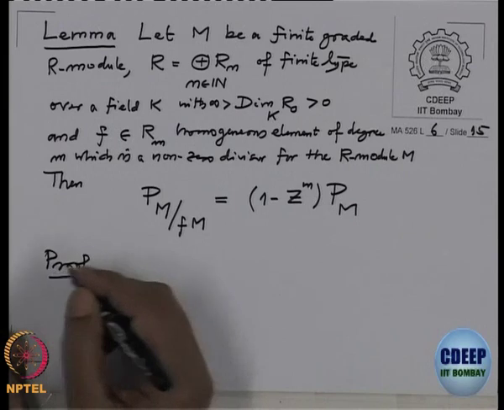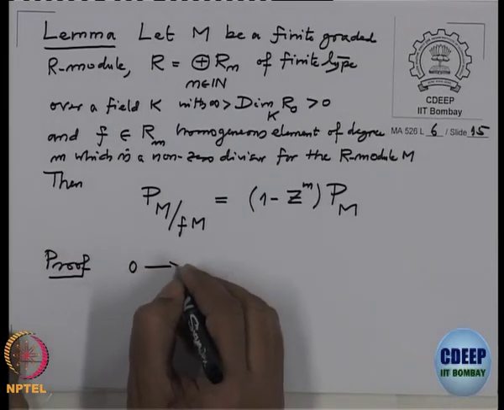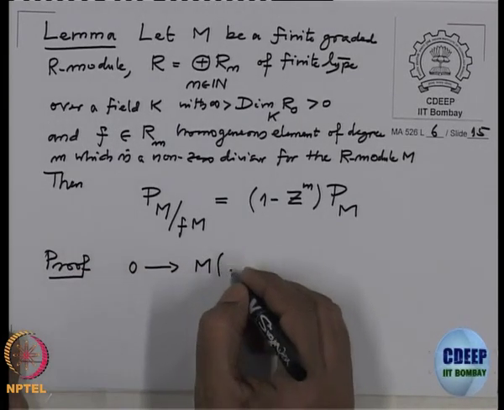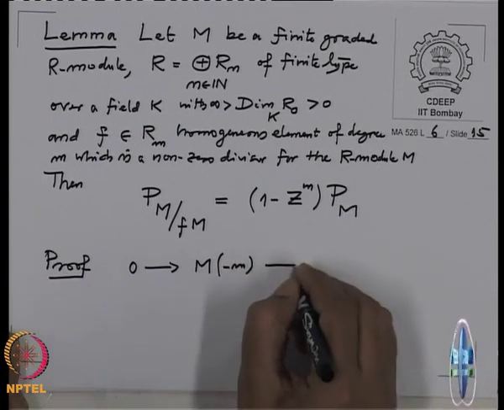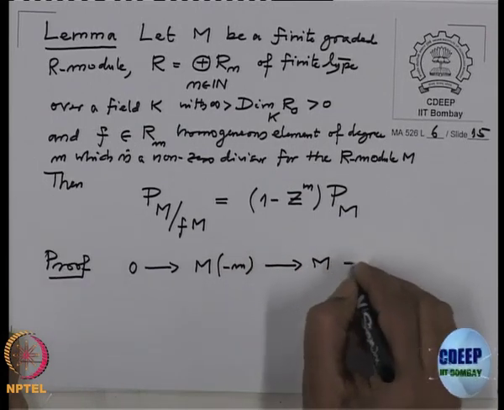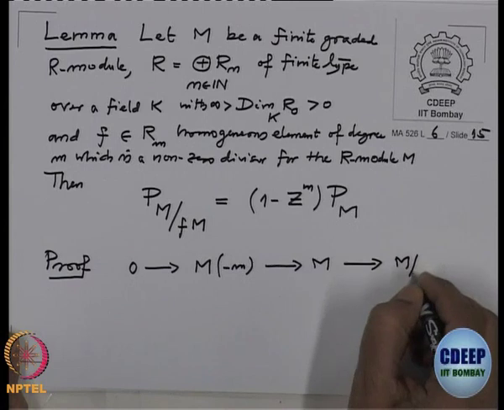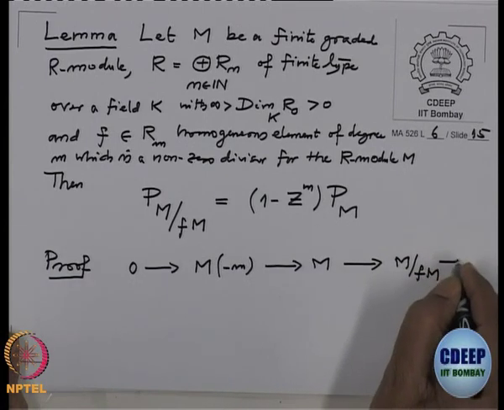You just have to look at the exact sequence 0, M to M to M by fM to 0.